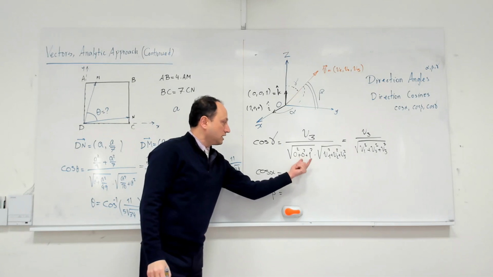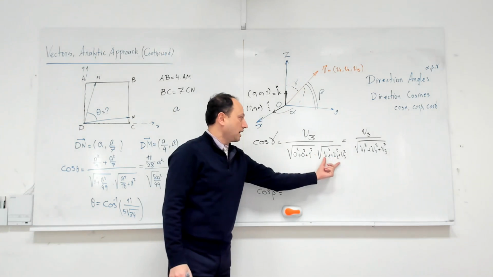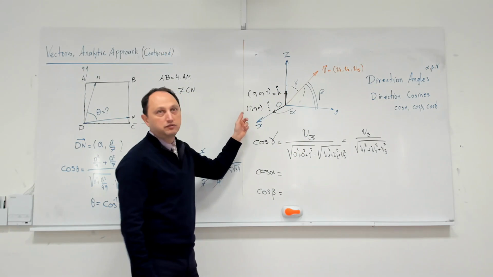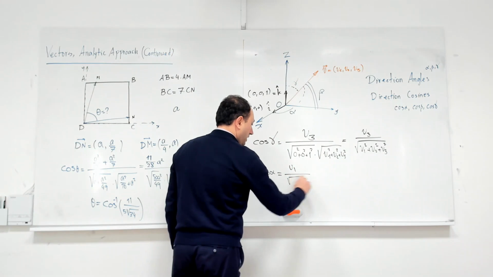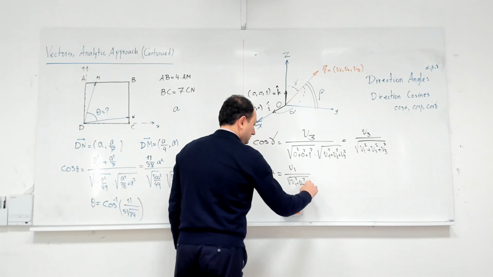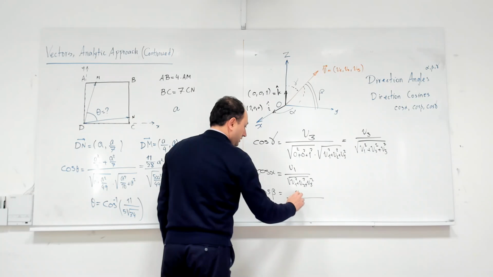The order will change, but the numbers are not changed. It is exactly the same, but in the numerator, instead of V3 surviving, V1 will survive. So this becomes V1 divided by this. And then the same thing happens here.